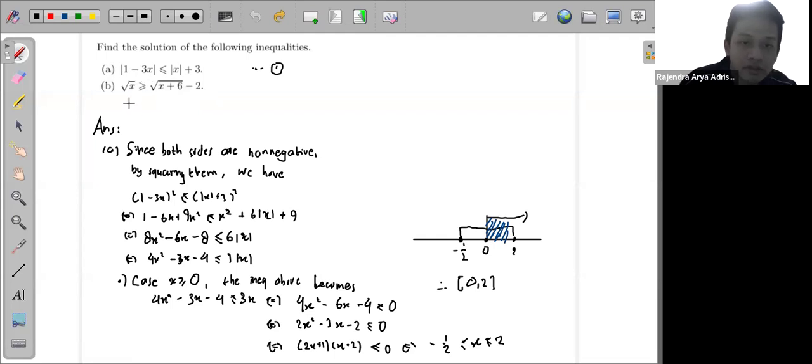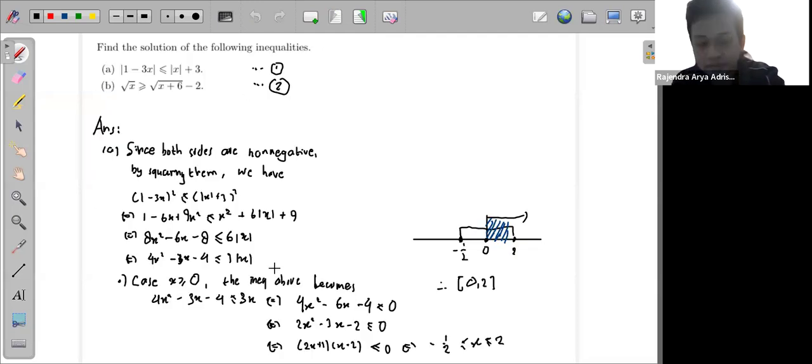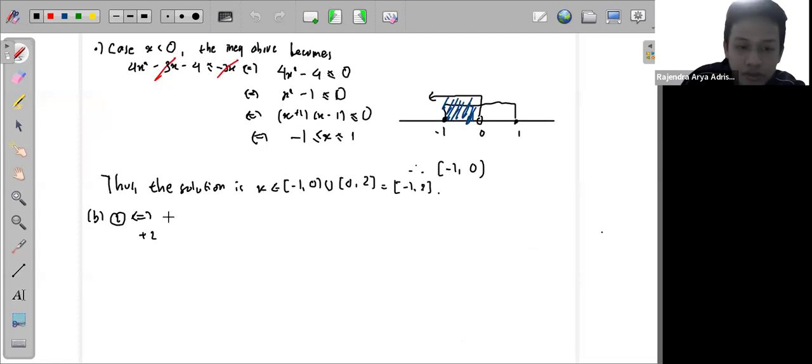So we can just add 2 to both sides, and let me name this inequality 2. Sorry. So by adding 2 on both sides, the inequality will change into this.